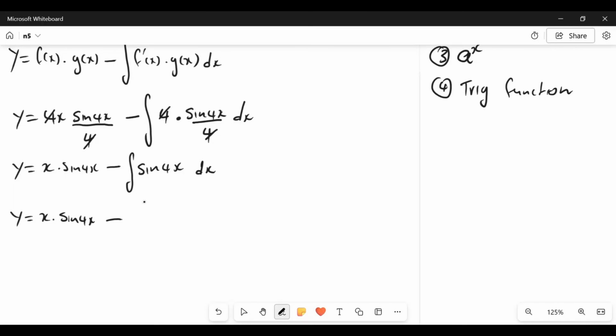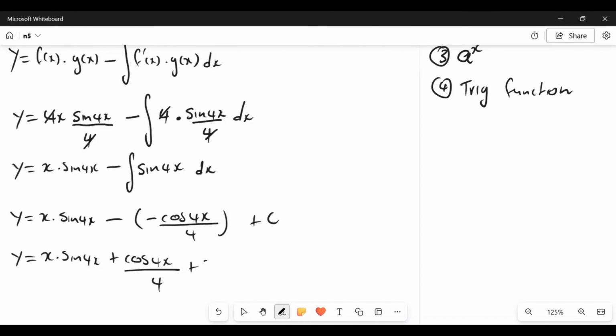So again, the integral of sine 4x is going to be negative cos 4x divided by 4, close bracket, plus c this time. So our final answer here is going to be x multiplied by sine 4x, negative and negative. This is going to become positive. And then we have cos 4x divided by 4 plus c. So here is our final answer, guys.